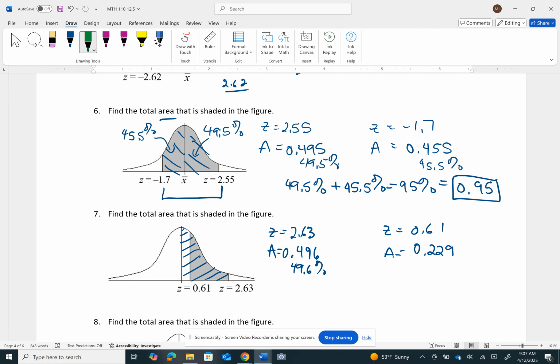Then from this 0.61 to the mean is this part right here. Okay, so this is 22.9% of the data values, where all of this, not just the shaded part, but everything in blue, was 49.6%. So that was everything in blue.